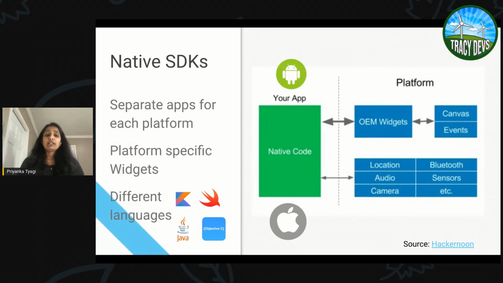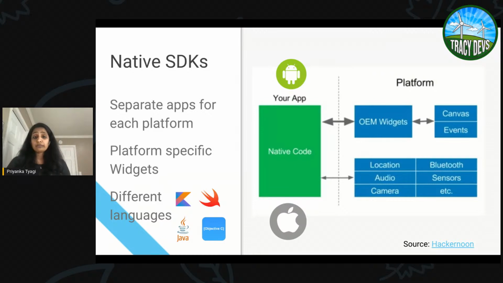Now let's see what options we have if we want to write apps that get delivered on different platforms. In here, let's take the example of only 2 platforms, leaving the Chrome and the desktop aside for a sec. Here you can see we have Android and iOS, and they are a separate app for each platform.